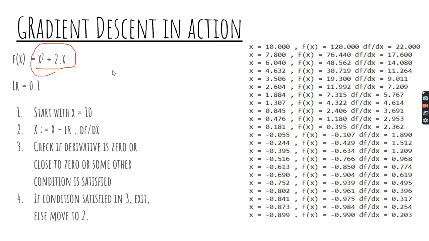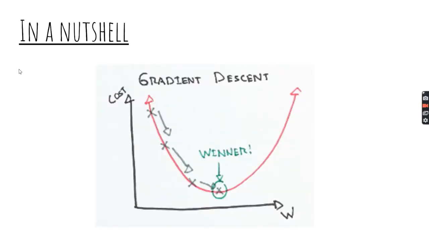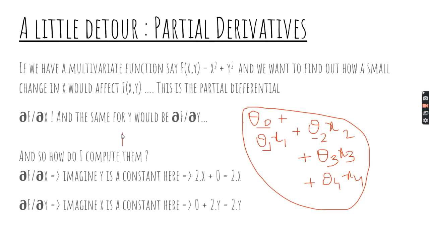The first thing that is pretty obvious is that here we only have one variable, and there's x everywhere in the expression, so that's why it is f of x. But in our case, the correct way to write this h would be h of theta 0 and theta 1 and so on till theta 4.